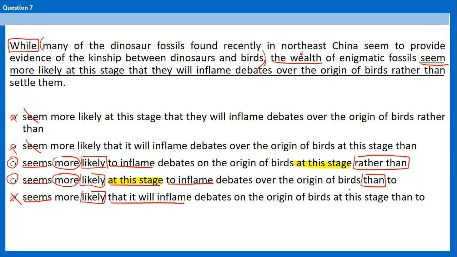More likely to inflame than. I cannot say "more likely rather than." The word "rather" is wrong. Okay, I cannot say "more rather than." The proper idiom is "more than" alone. So you can eliminate number 3 and we keep number 4.